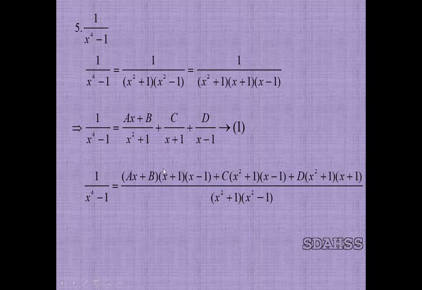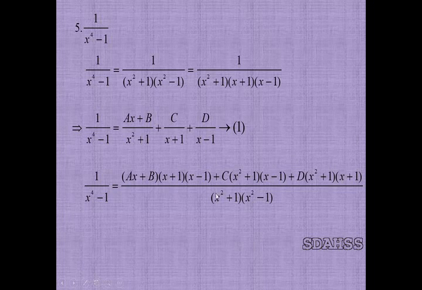Now you compare the denominators. If you compare the denominator, here x square minus 1 is missing, that is x plus 1 into x minus 1 is missing, so you have to write ax plus b into x plus 1 into x minus 1, plus then take down the second term, again compare the denominators. Here x square plus 1 and x minus 1 is missing, so you have to write c into x square plus 1 into x minus 1, then plus d into, again you compare the denominator.